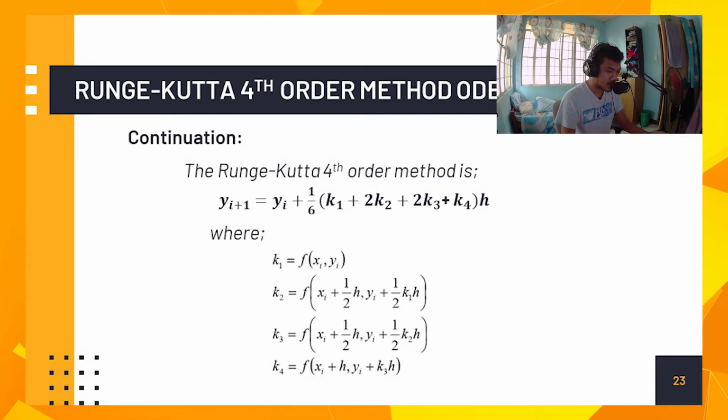For k sub 3, we will have f of x sub i plus 1 half h comma y sub i plus 1 half k sub 2 h. For k sub 4, we have f of x sub i plus h comma y sub i plus k sub 3 h.